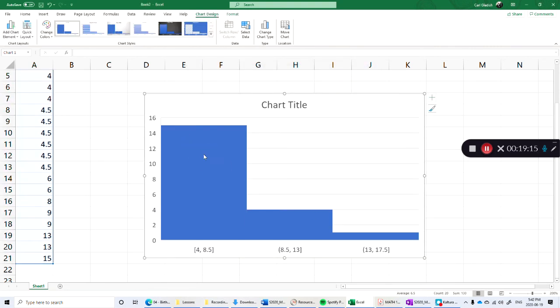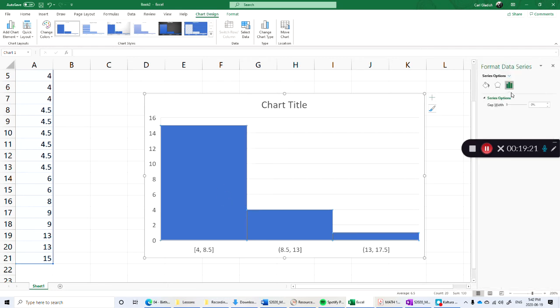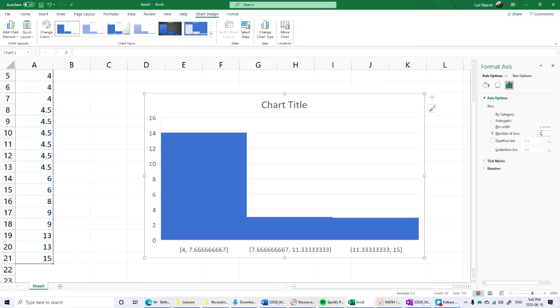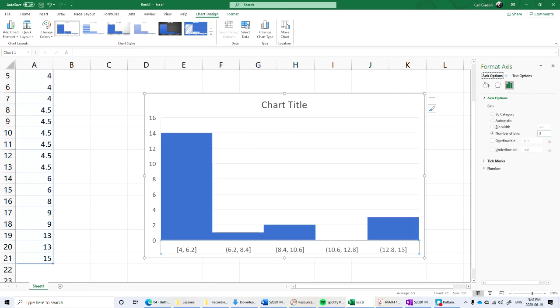But maybe it's just because I have only 3 bars. So I could probably make it, what's the square root of 20? It's only 4 point something. I could bend that a little and make it 5. So let's make it 5 bins. That looks even worse, right? So that looks like a very non-normal variable.